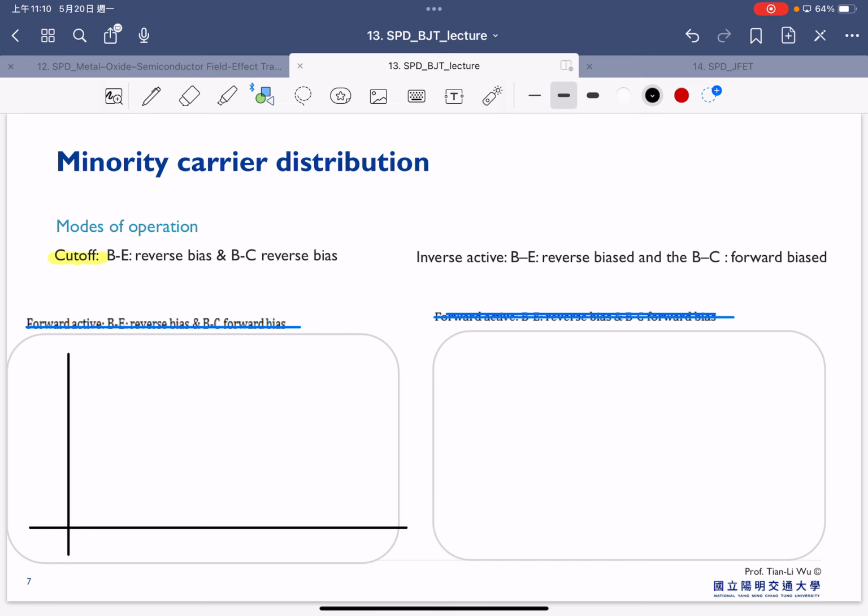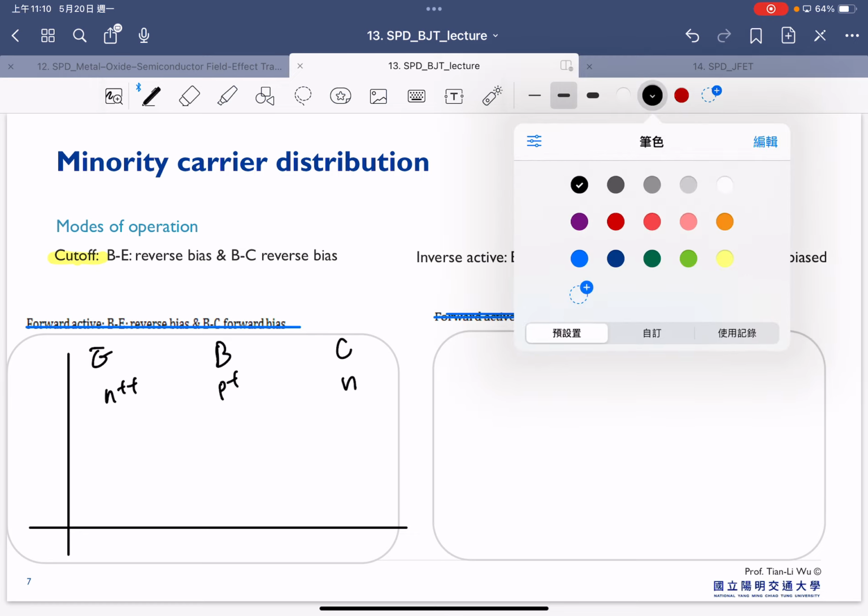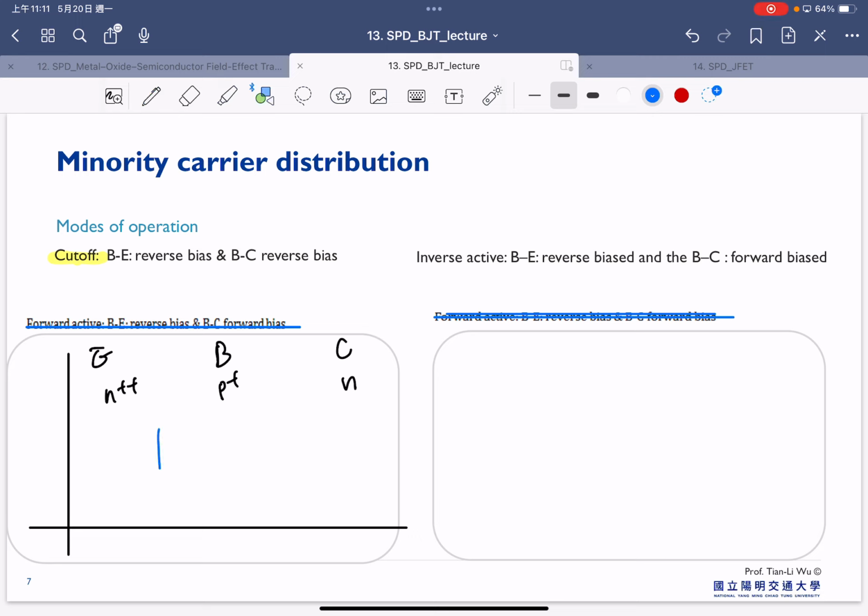We have the emitter, base, and collector, and these are N plus, P plus, N here. And the cutoff drawing is very simple.